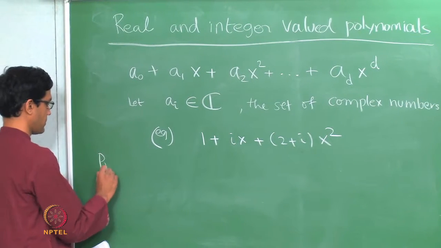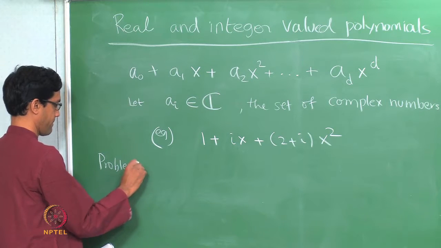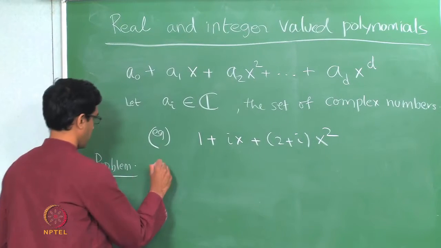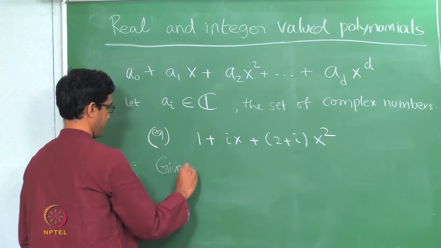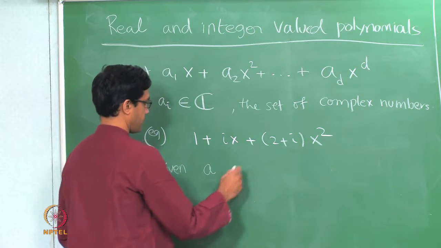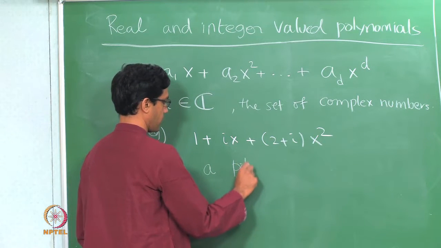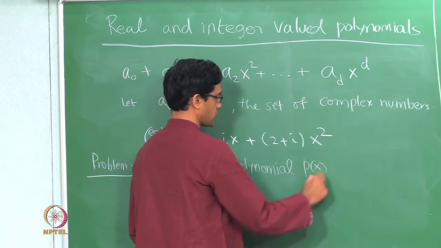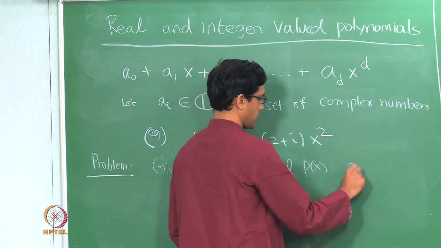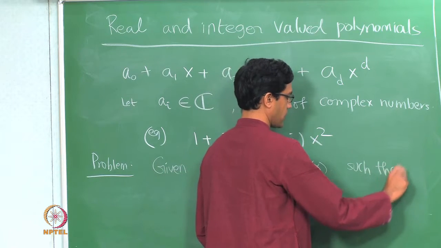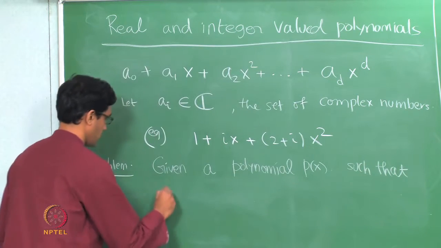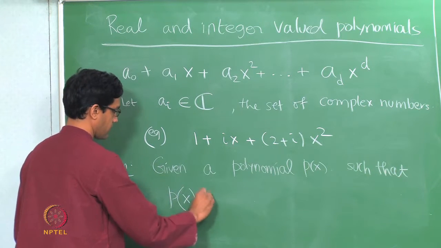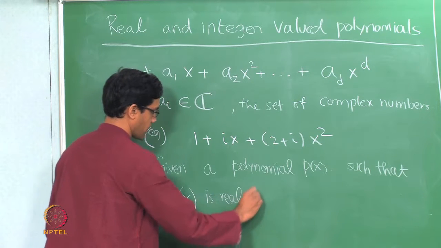So here is the problem: given a polynomial as above, p of x with complex coefficients, with an additional condition that p of x is real whenever x is real.